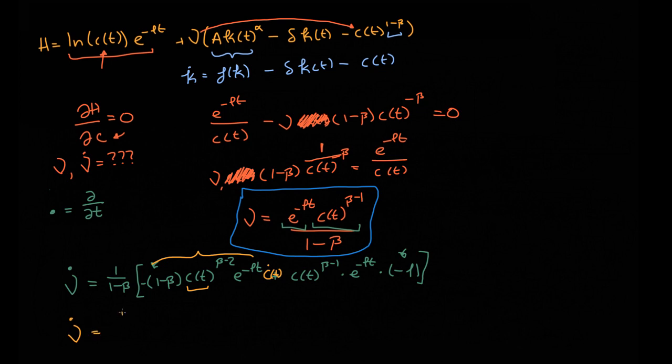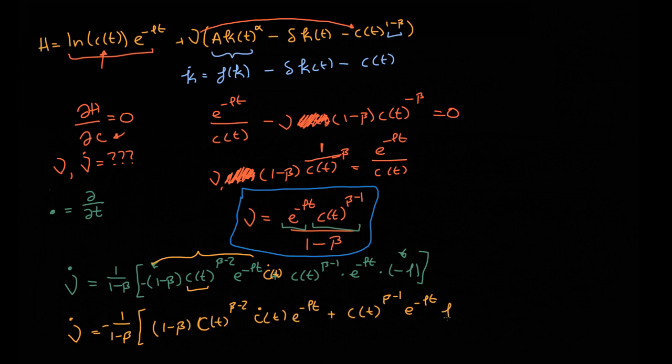So our final answer will be 1 over 1 minus beta times minus 1 minus beta c t to the beta minus 2 c dot t e to the minus rho t plus c t to the beta minus 1 e to the minus rho t times minus rho.